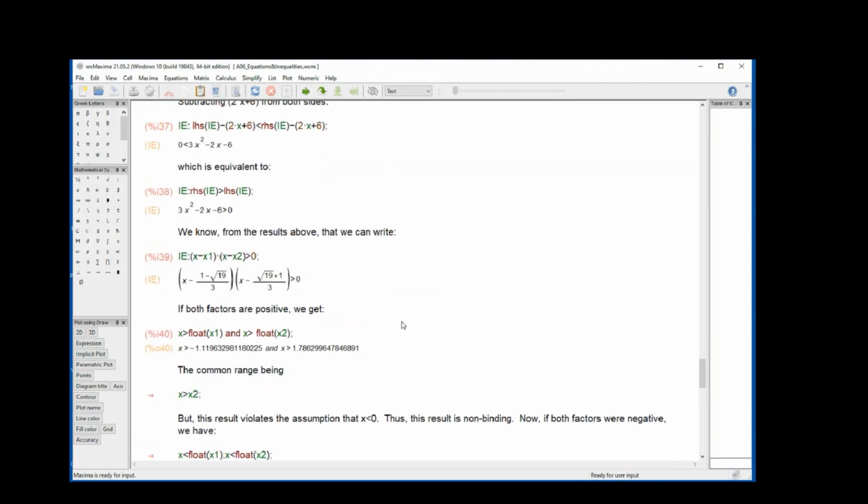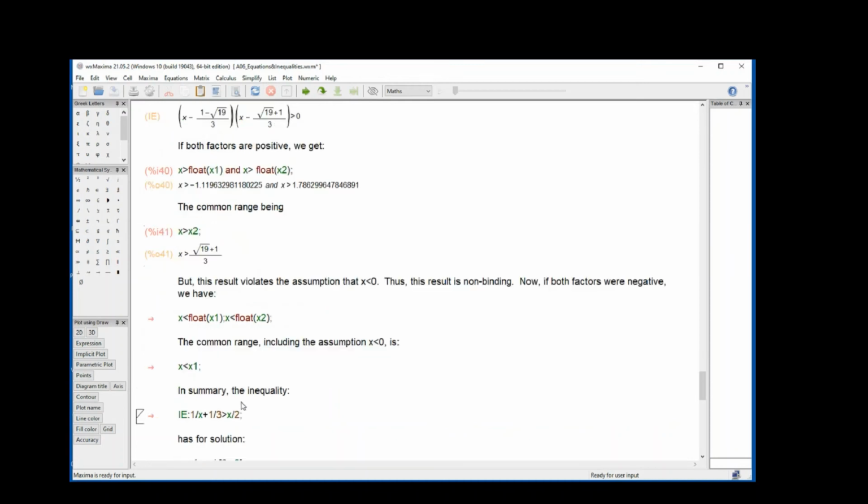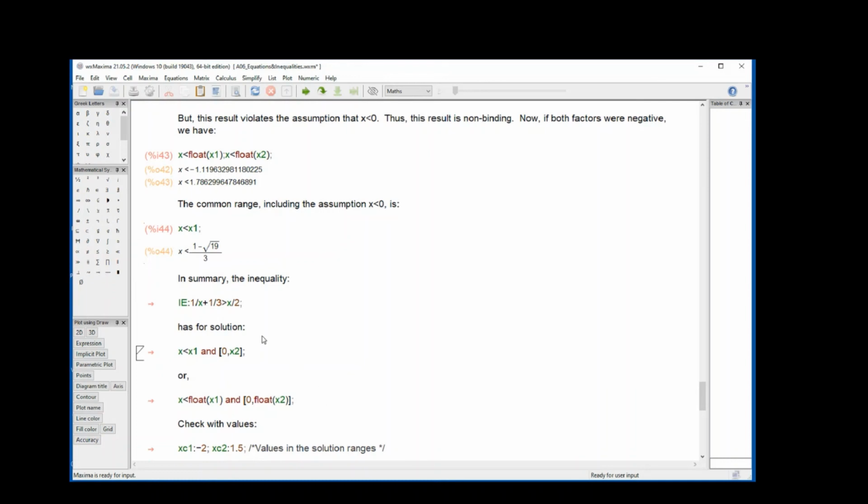And so the common result right here will be given by x greater than x2, but x2 is positive. So if x2 is positive, then you cannot satisfy x less than 0, and so there's no result coming out of this analysis. But if both of them are negative, then you have that this will satisfy the common requirement, and this is actually less than 0, so this will be the other part of the solution.